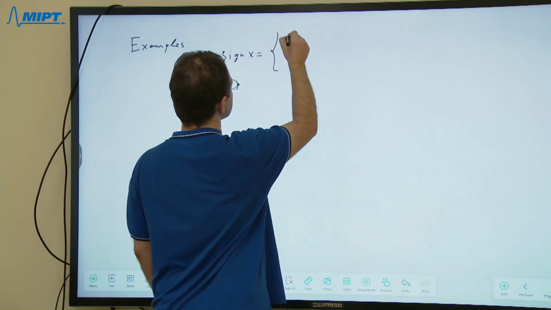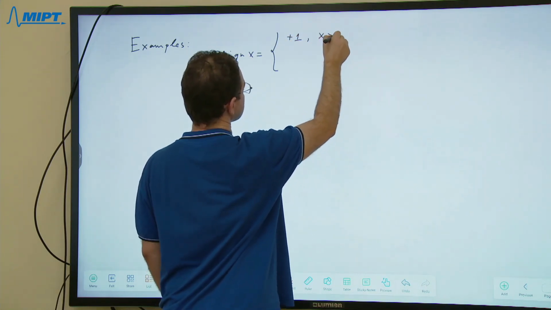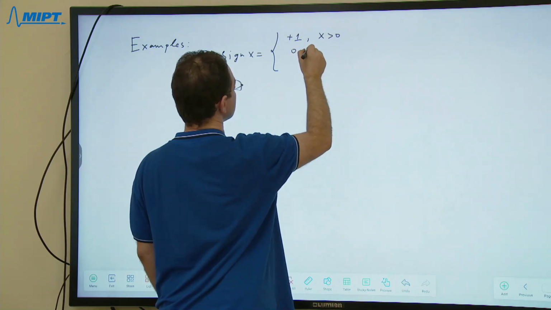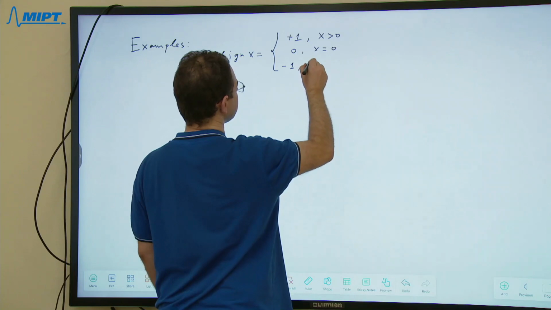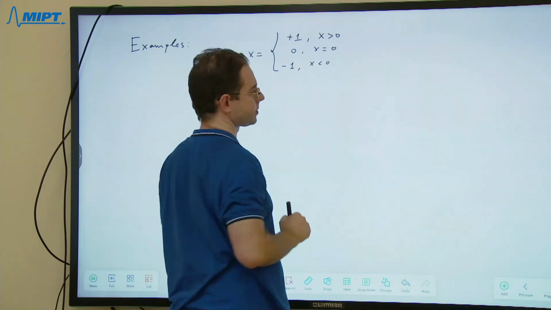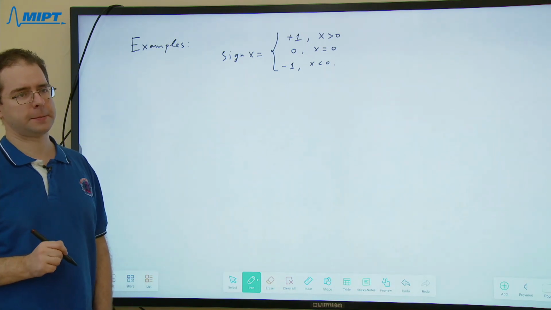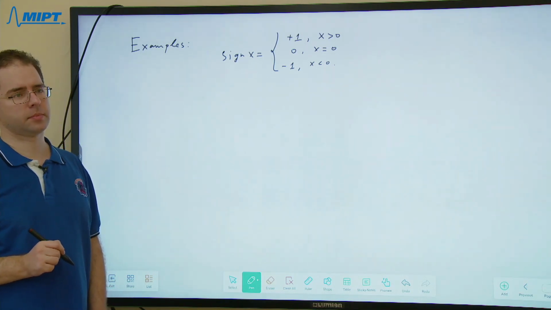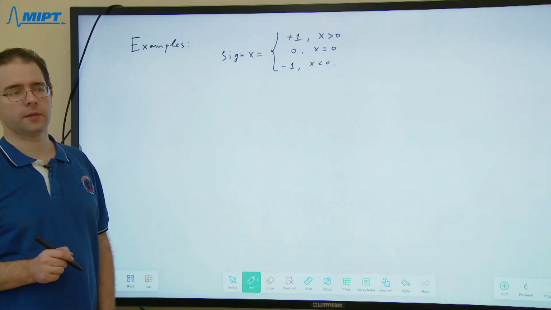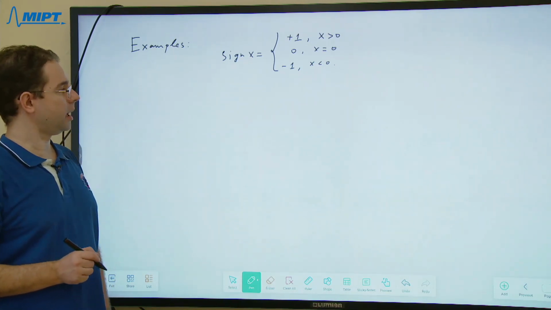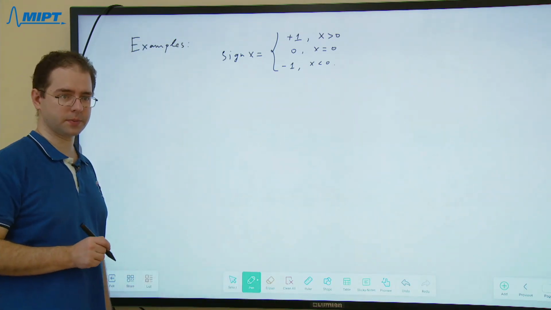This function is positive 1 if x is positive, 0 if x equals 0, and negative 1 if x is negative. So I'm going to show that this function is not continuous at point 0.